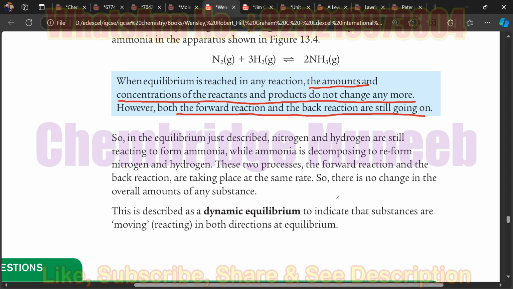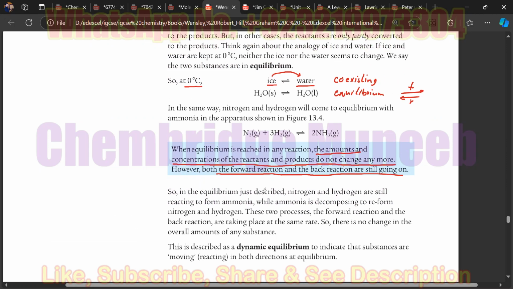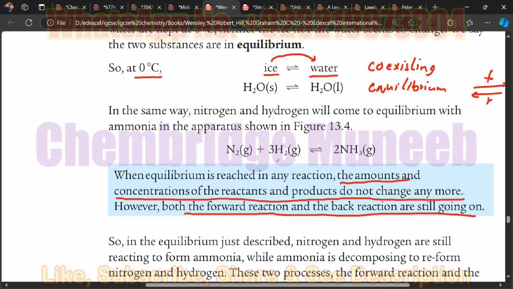Okay. We can also apply it for the nitrogen gas and the hydrogen gas. When nitrogen gas and hydrogen gas react with each other, they form the ammonia gas.